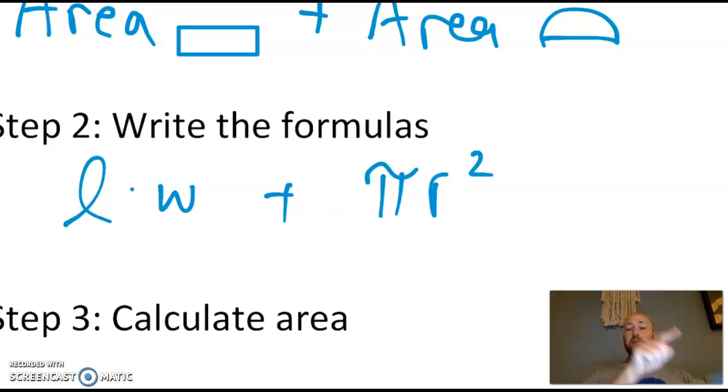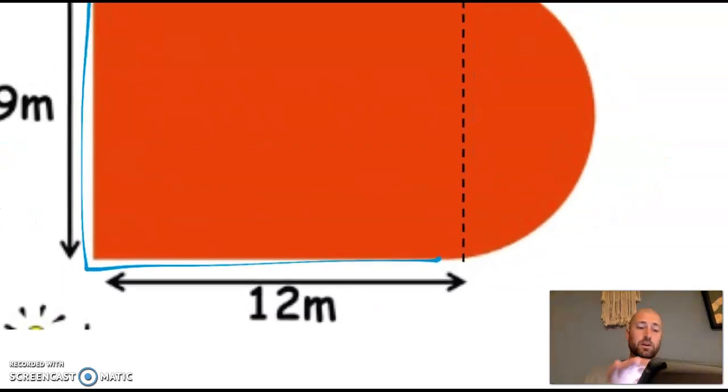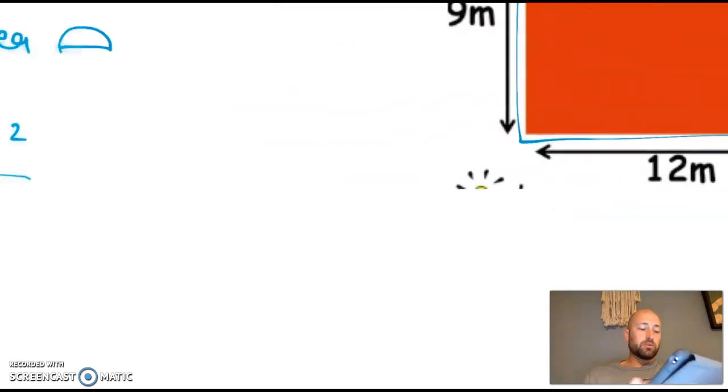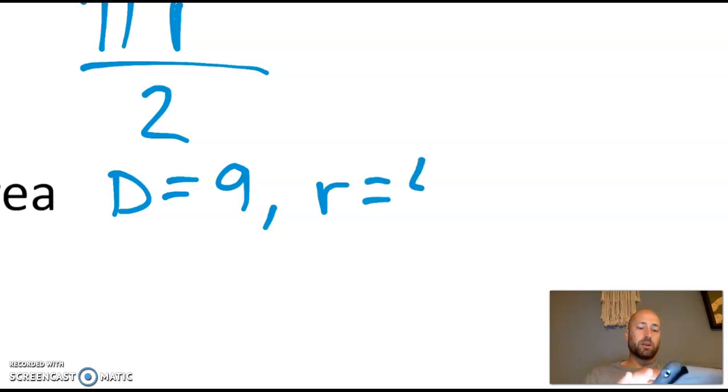That's the entire circle, but again, only half of it, so I'll divide it by 2. We already have the length and the width for the rectangle, but this side over here is again a diameter of 9. But if I look at my formula, I don't need 9 as a diameter. What I need is my radius, which is half of that, or 4.5.